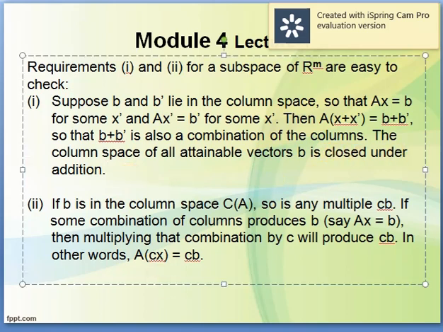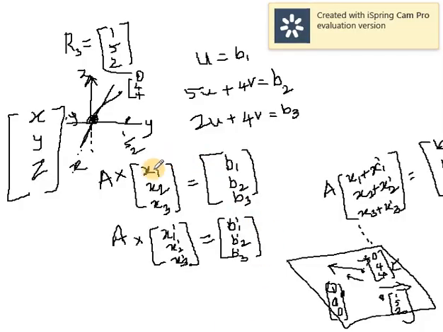So let's have a glance at this. If we have A into X, let's say our X is three-dimensional, X1, X2, X3, giving B1, B2, B3. Similarly, A into X dash, where X dash is X1 dash, X2 dash and X3 dash, results in B1 dash, B2 dash and B3 dash.